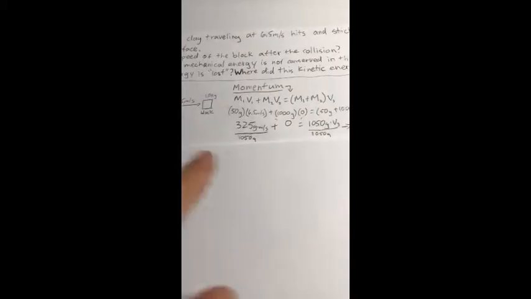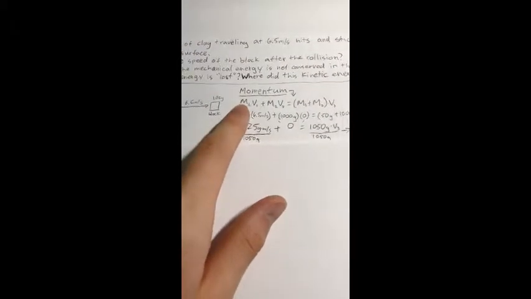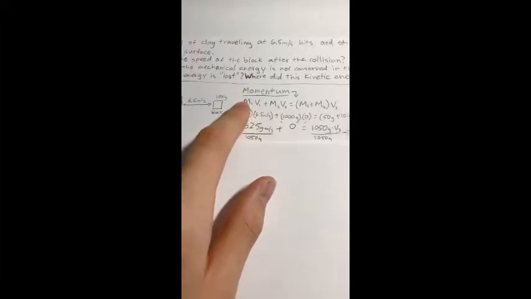So the first thing we want to do is momentum. We want to solve momentum because it gives us the speed. What we know here is m1, m2, v1, and v2, which are involved with momentum. This is the equation. This is the mass for object 1, and this is the mass for object 2.